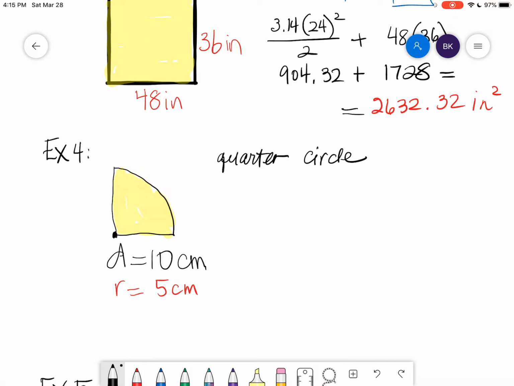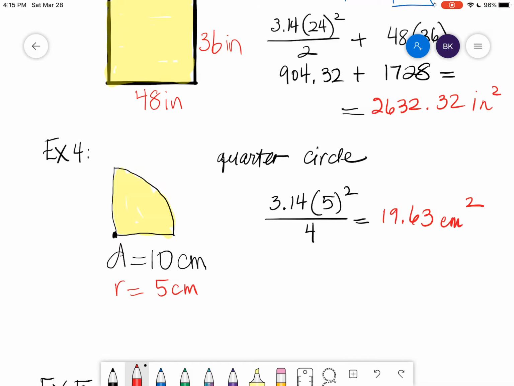So let's quickly plug in the numbers. 3.14 times 5 squared, everything divided by 4. 5 squared is 25, and 25 times 3.14 divided by 4 is 19.63, rounded to the nearest hundredth, centimeters squared.